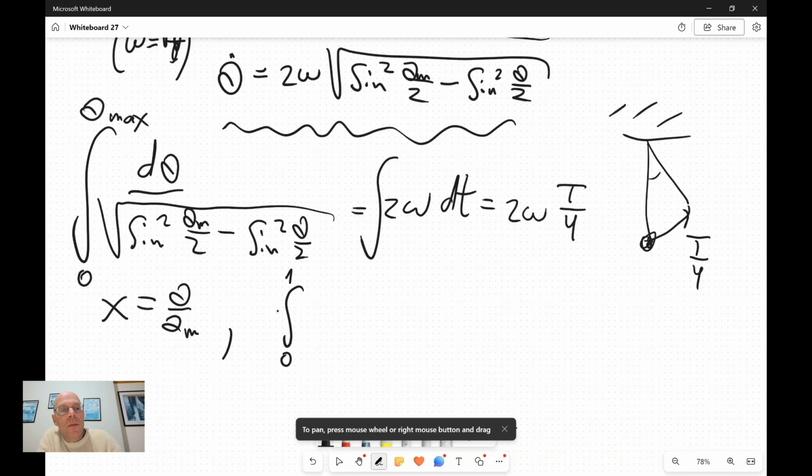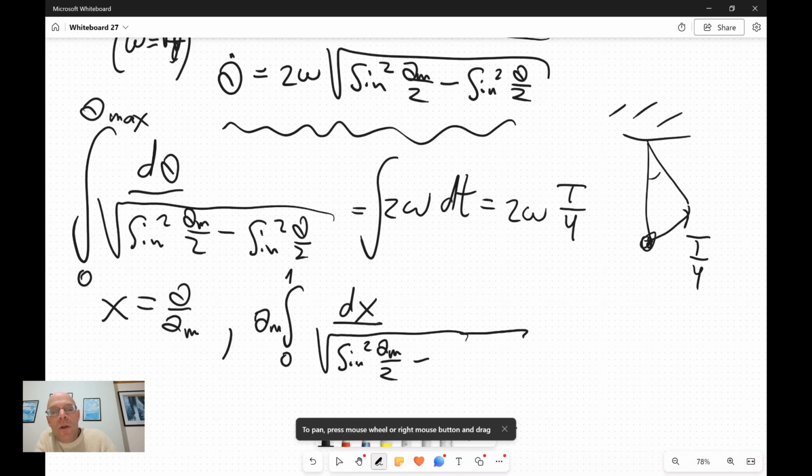Now, instead of d theta, we have theta max outside, integral dx, because d theta is dx times theta max, over square root of sine squared theta max over 2 minus sine squared theta max over 2 times x, and that is half omega T. So this is more or less the end of the story.